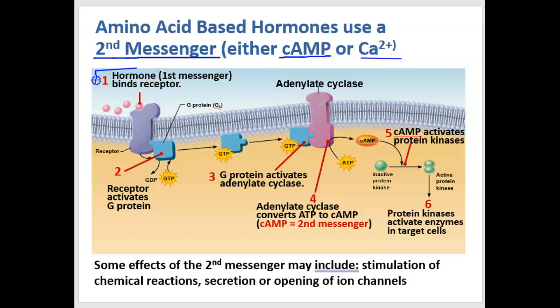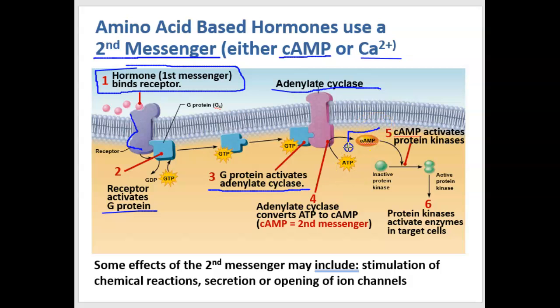So the first step is that the hormone binds to a receptor on the membrane, and this receptor is associated with a G protein, so we call it a G protein linked receptor. Binding of the hormone activates the G protein. The G protein then activates a neighboring enzyme. In this example, I'm showing the enzyme adenylate cyclase. Adenylate cyclase produces cyclic AMP from ATP, which is already inside the cell. So we have our second messenger, cyclic AMP.